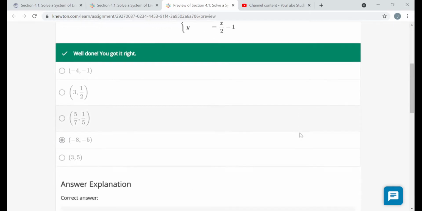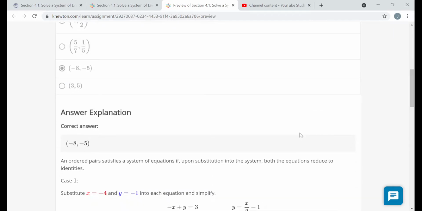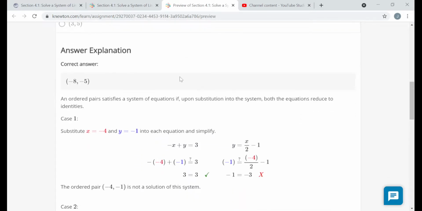Right, and remember, after every problem, after every question, you are going to get an answer explanation. Please read through this, whether you got it right or wrong. If you got it right and you were unsure as to why you got it right, maybe read through this and see, hey, did I get lucky, or did I actually write out the correct stuff?